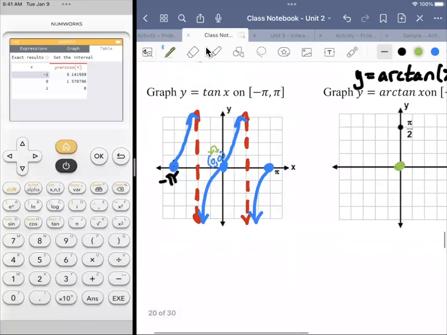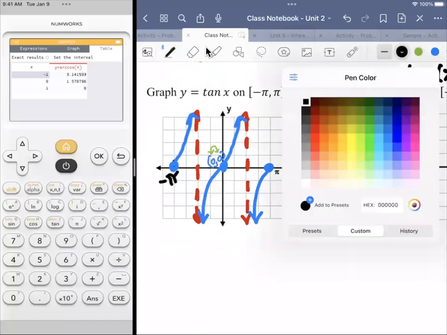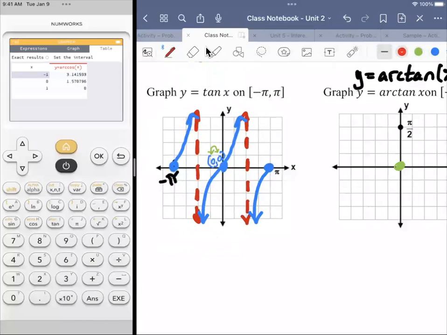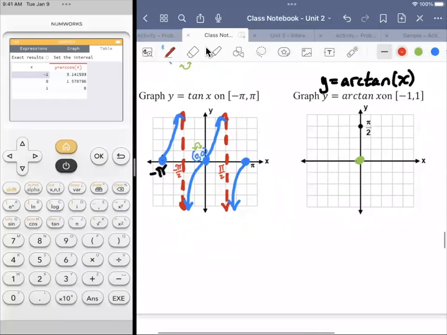Now, my vertical asymptotes were at pi over 2 and negative pi over 2. So that's going to correspond to horizontal asymptotes at pi over 2 and negative pi over 2. X becomes y and y becomes x.